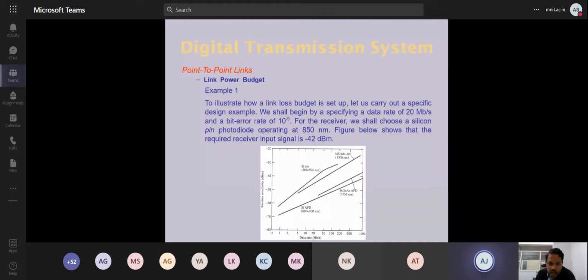For these parameters of 20 Mbps, 10 to the power minus 9 and 850 nanometers, for the silicon pin photodiode, it is something around minus 42, corresponding to a data rate of 20 Mbps. Clear?